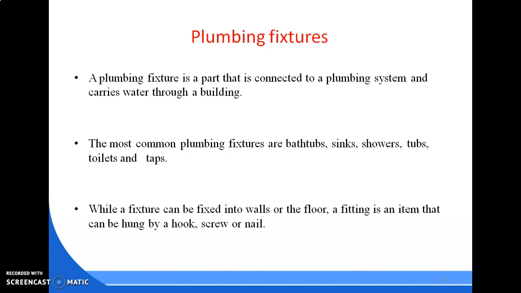The most common plumbing fixtures are bathtubs, sinks, showers, tubs, toilets and taps. While a fixture can be fixed into walls or to the floor, a fitting is an item that can be hung by a hook, screw or nail. So this is the basic difference between fixtures and fittings.